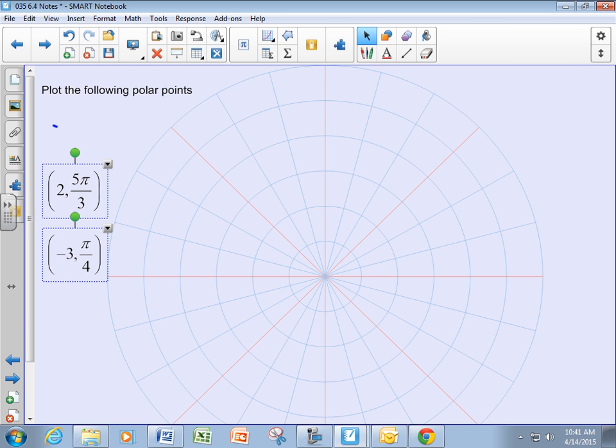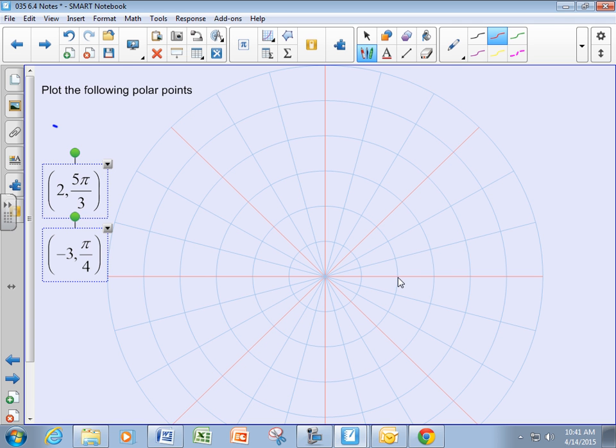All right, we're going to do an example together here. I've got two different points. One is the point (2, 5 pi over 3). So our r value is 2. To start with, I am moving out, here's our first unit, here's our second unit. So I'm moving out 2.